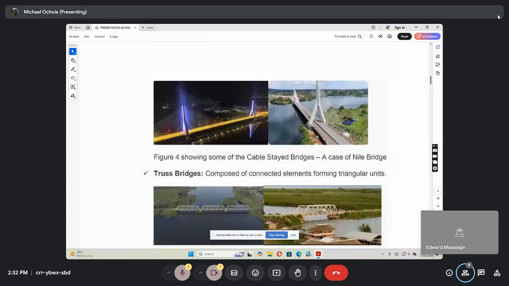So I've given you our own example of the Nile Bridge. The Nile Bridge was constructed between 2014 and 2018, but the design started from 2008. I want you as a bridge enthusiast to look at how long it took, if the pre-feasibility was conceptualized in the Ministry of Works in 2008, before when the agency was now coming into being.